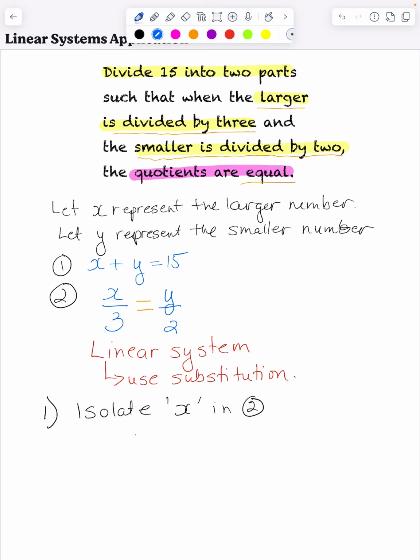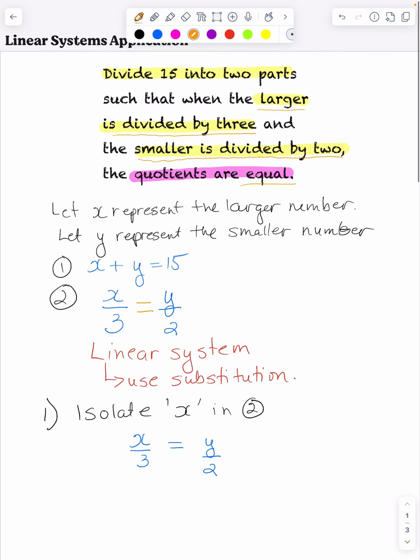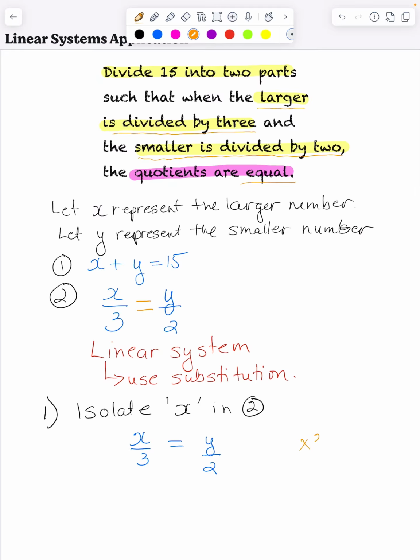So where I have x divided by 3 is equal to y divided by 2, what I am going to do is multiply both sides of the equation by 3. So when I multiply this side by 3, and I multiply this side by 3, the two 3's on the left side will reduce to 1.